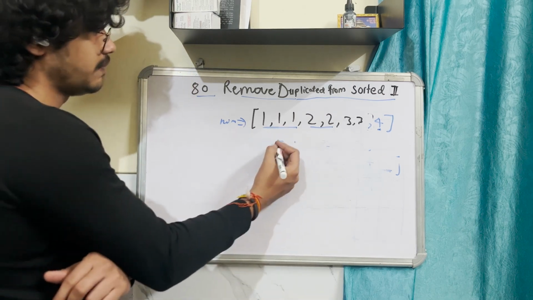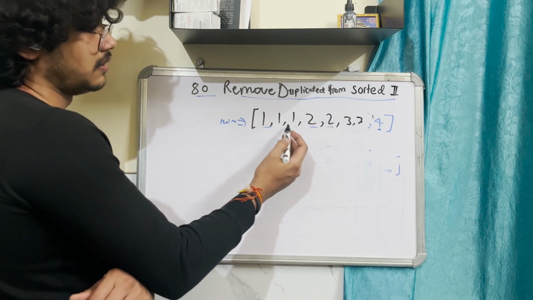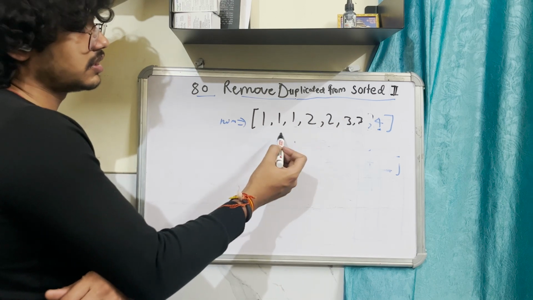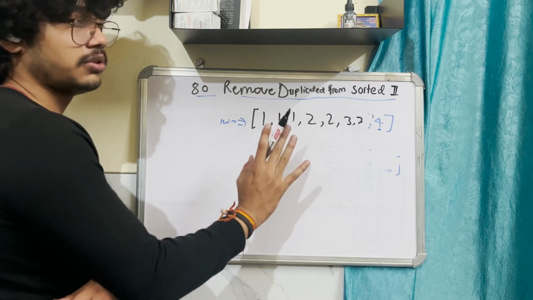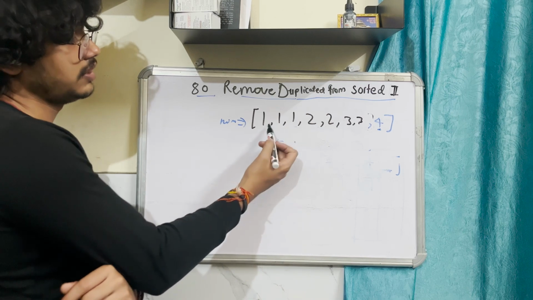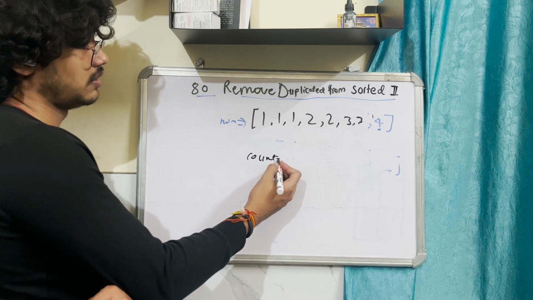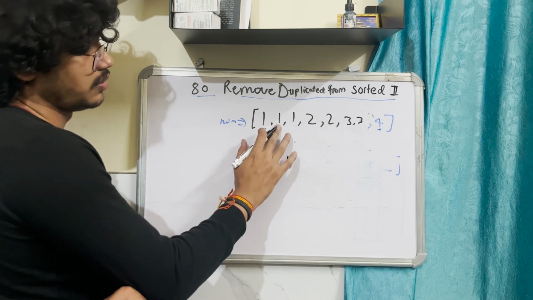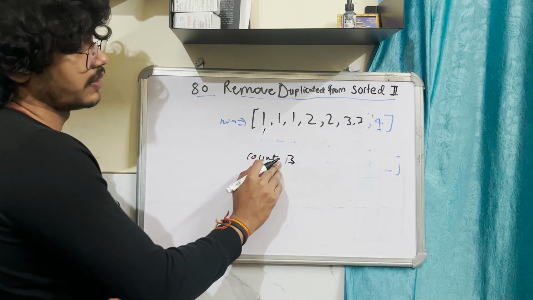If you look at the question carefully, you just have to figure out if a number has an occurrence of 2, less than 2, or more than 2. Till 2 it's fine. If it has more than 2, then, like you see, 1 is having occurrences, I'll keep track of the count. It is having occurrence 1, 2, 3, so 1 having 3 occurrences is a problem.